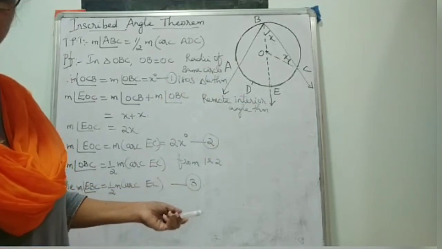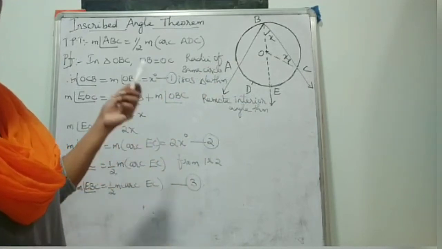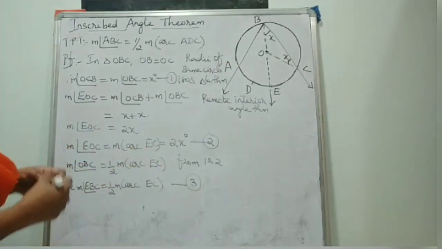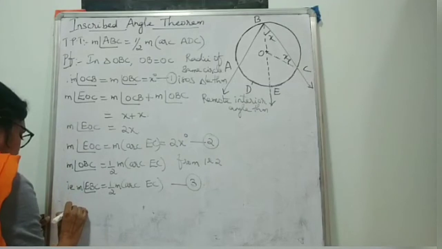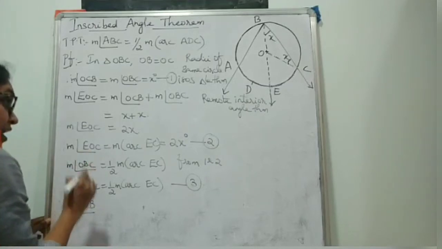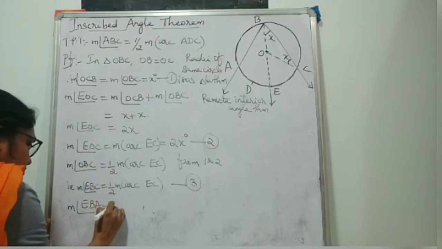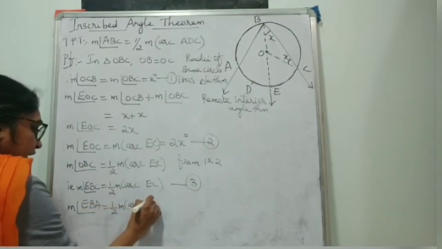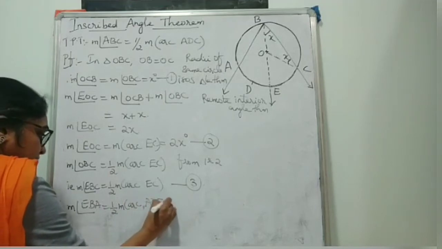Now if we apply the same thing on the left hand side, similarly we will get another equation, which is the measure of angle EBA is equal to half the measure of arc ADE.